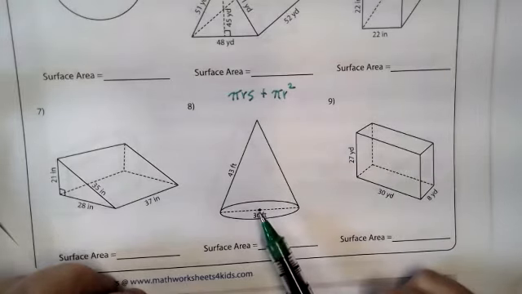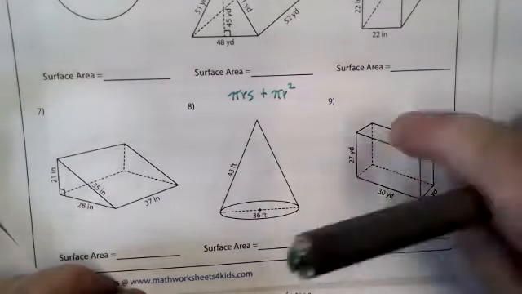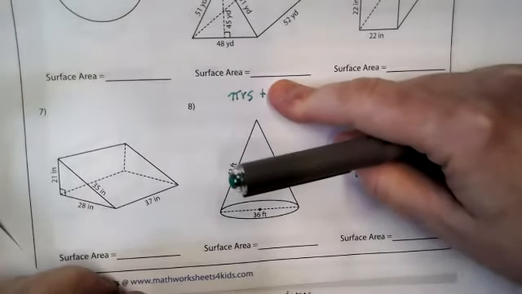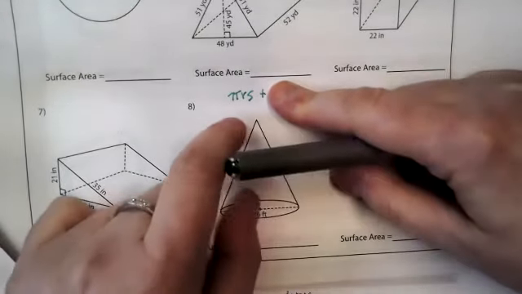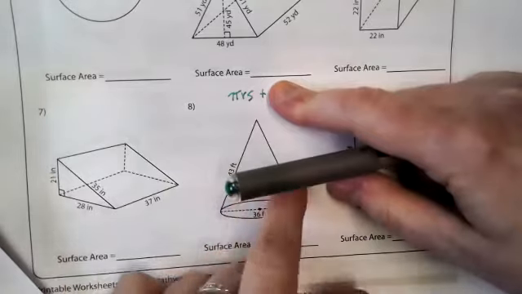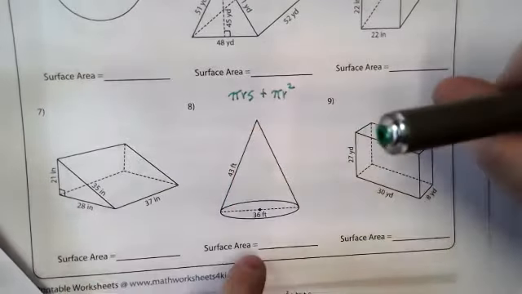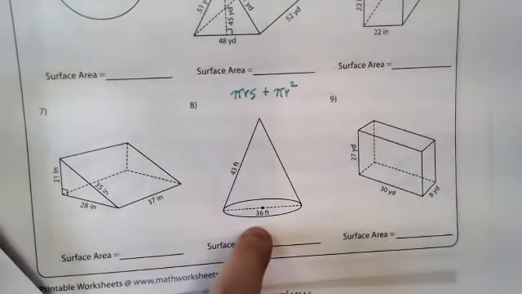So if you had a test question that asked you to find the surface area of an empty ice cream cone, you would cut this part off, because that would be the surface area of the outside of the cone. This includes the round portion on the bottom.